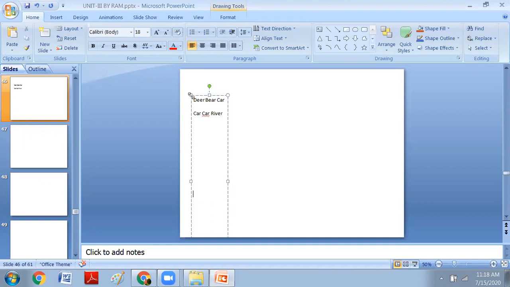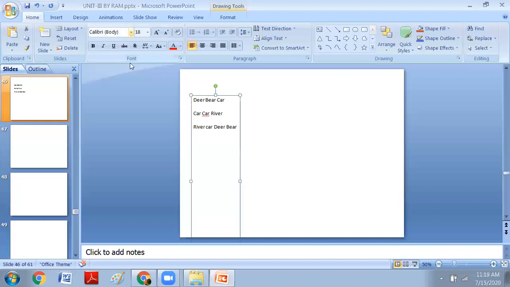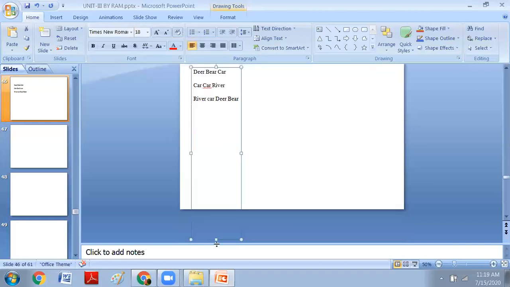The next split is river, car, deer, beer. We are taking some sample data like this.